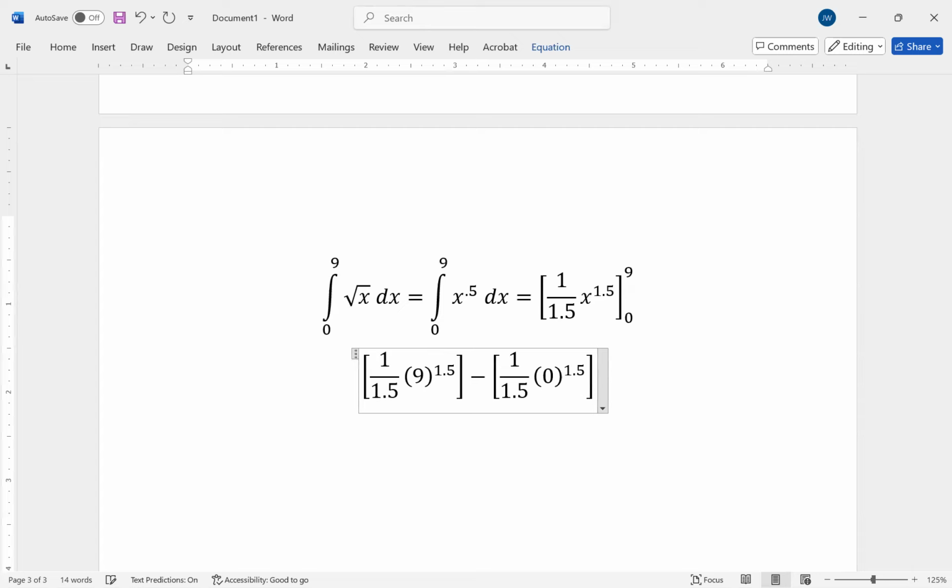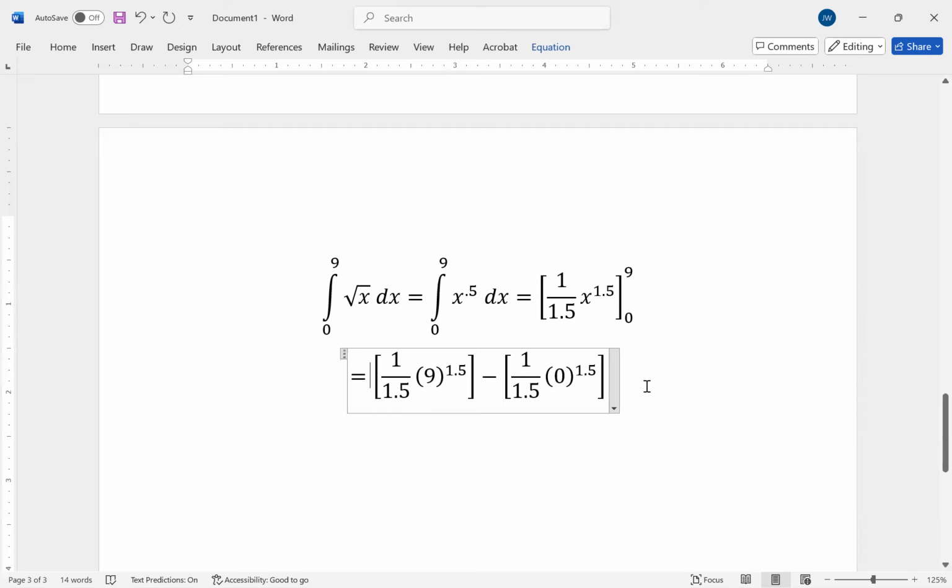Raising 0 to any power gives you 0. So that's usually a nice thing. So 9 to the 1.5 power, by the way, is 27. When I take 1 over 1.5 and then times it by 9 to the 1.5 power, I get 18.